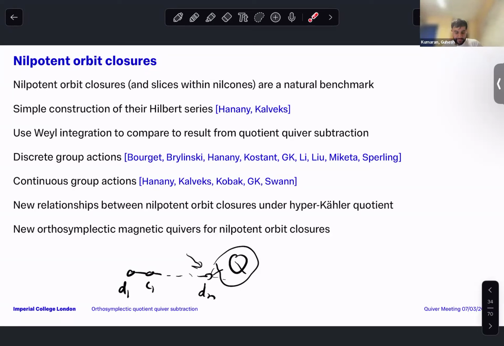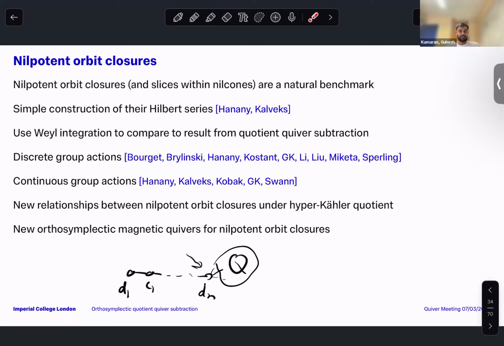Okay. So there's been a lot of work, especially relating moduli spaces of three-dimensional theories with discrete group actions, as an automorphism of the quiver, compared to some discrete action on the nilpotent orbit. Then this was extended a bit more to continuous group actions. And here I should also mention the work of Andrew Dancer and the story with partial implosions.